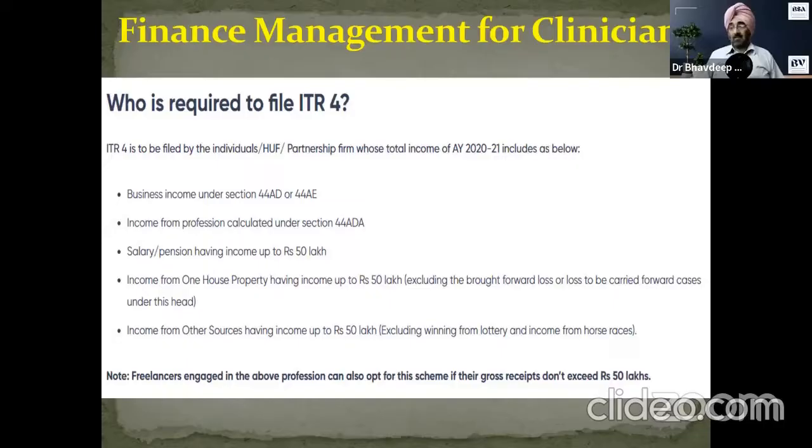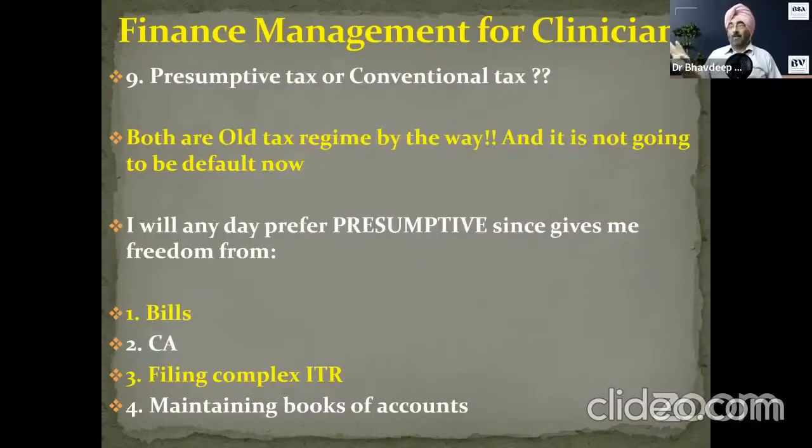What else? 50 lakhs of income means automatically 25 lakhs is gone. 25 lakhs is your expenses which have been presumed by the government of India or the income tax department. 25 lakhs of expenses. In actually, if somebody is earning 50 lakhs, trust me, his annual expenses won't be more than 20. The government is giving you a cushion of 5 lakhs more.